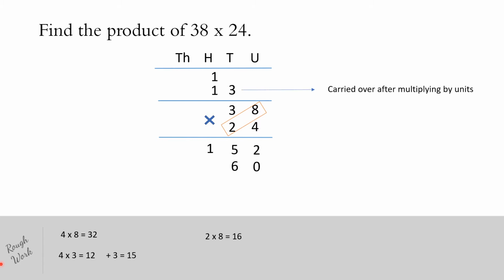Now students, this area is for the carried over digit after multiplying by units, and this area is for the carried over digit after multiplying by tens. Means when we multiplied by 4, whatever carried number we had, we wrote here, and when we are multiplying by tens, that is 2, we write the carried over digit on top.